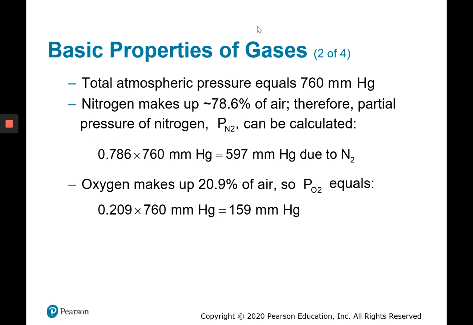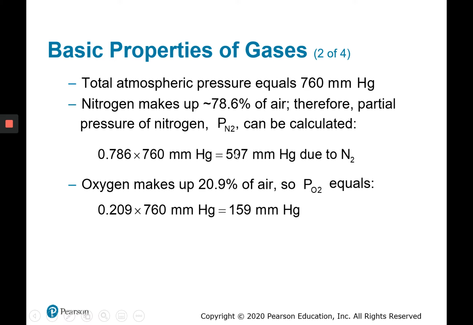So here we're looking at nitrogen and oxygen, which make up the air we breathe. There's a little bit of carbon dioxide, and we can see the calculations of partial pressure based on the amount of that gas in the air we breathe. So we can see that nitrogen makes up more of the air we breathe than oxygen, and their calculations for partial pressure reflect that.